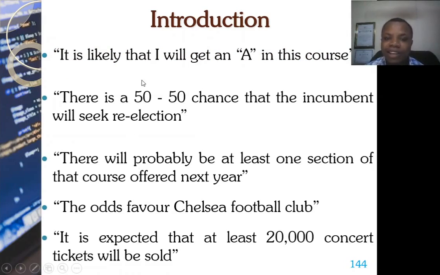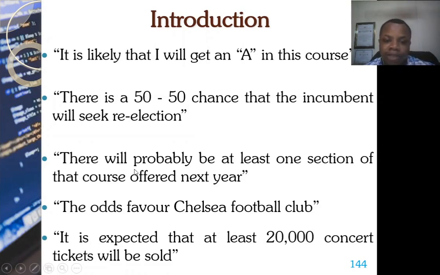It is likely that I will get an A in this course. Using this word likely means that there's a chance in there. Although we might be using this unconsciously, it is a form of probability. Also, there's a 50-50 chance that this incumbent government will seek re-election. Because of the 50-50 chances, that makes it a probability.